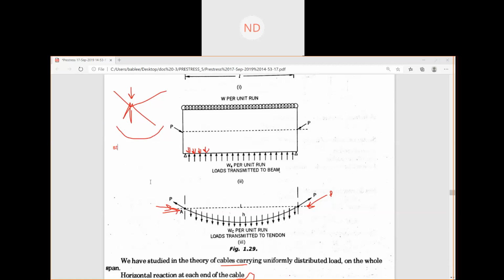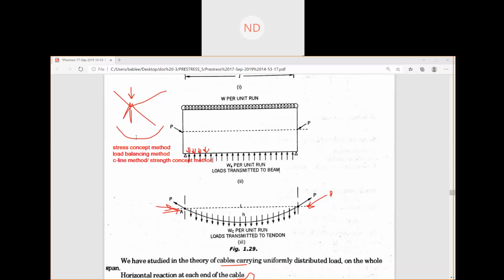Those were the stress concept method, then the load balancing method, and the last one was the C line, or you can say the strength concept method. A lot of names are there for this third one. So this is your first, second, and third.